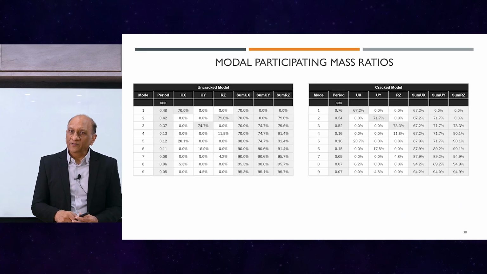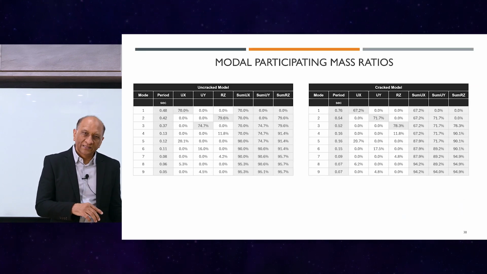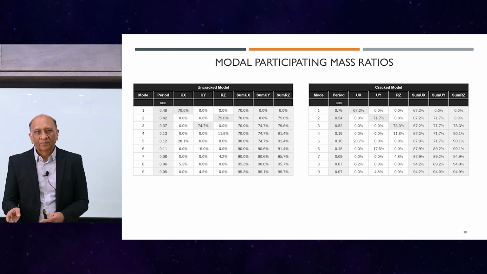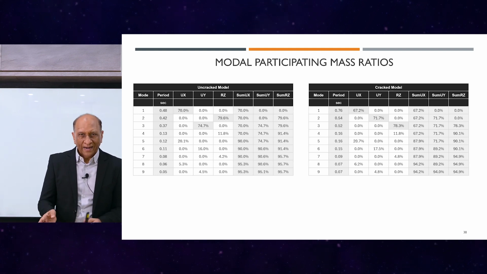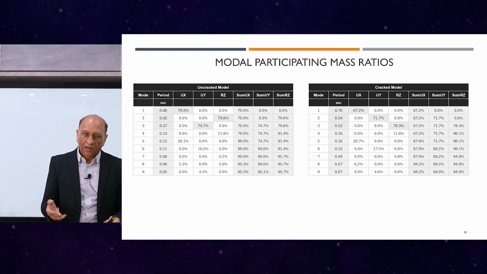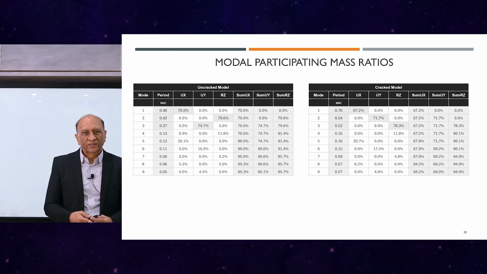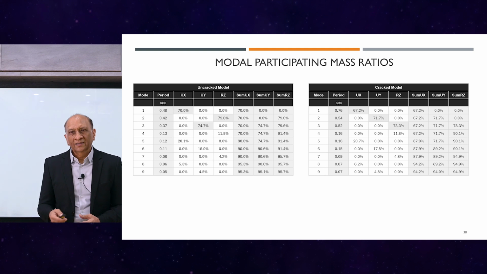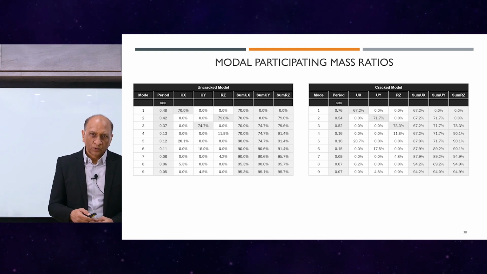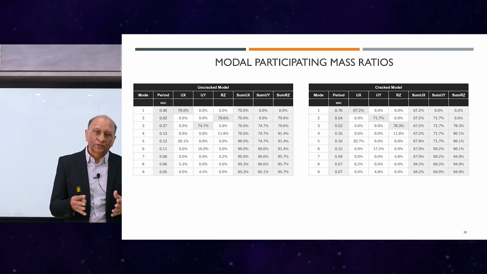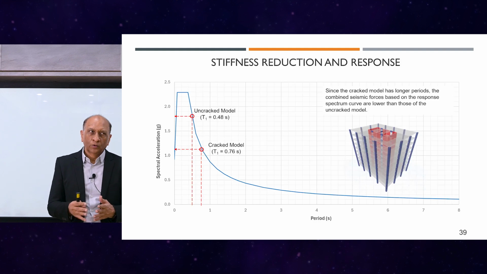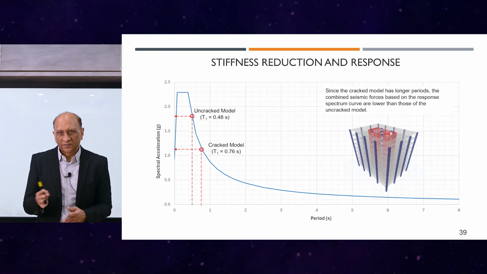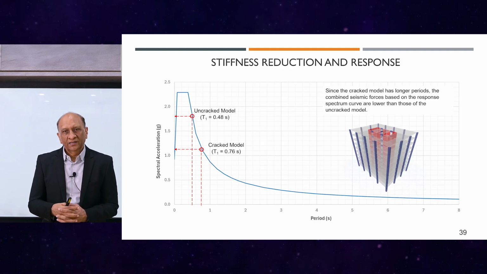So it's a significant difference between a tall building and a short building, between the uncracked and cracked models, which means it's something to be concerned about, what kind of factors we use, because we don't want to underestimate the demand either. And a building with 5 or 6 stories will be even more sensitive, just in the short range of the spectrum.